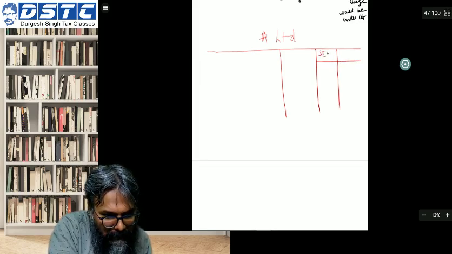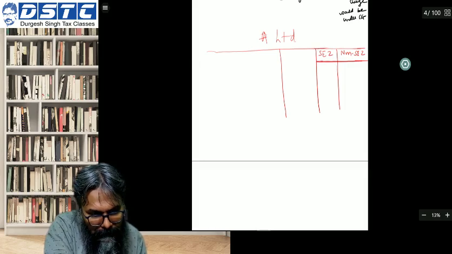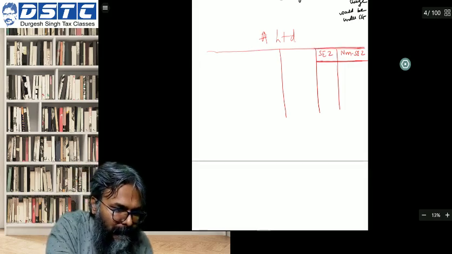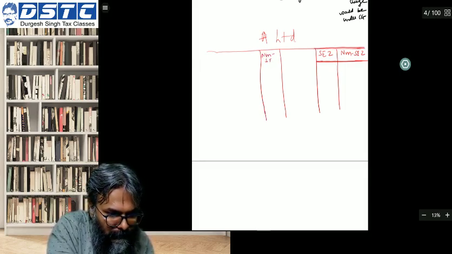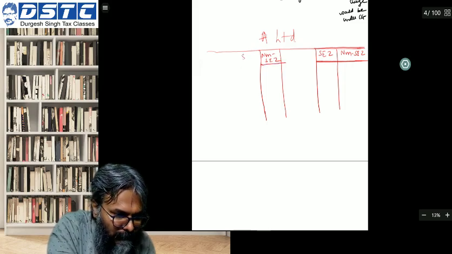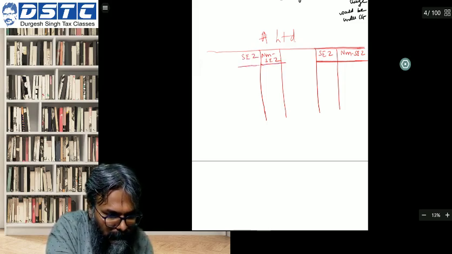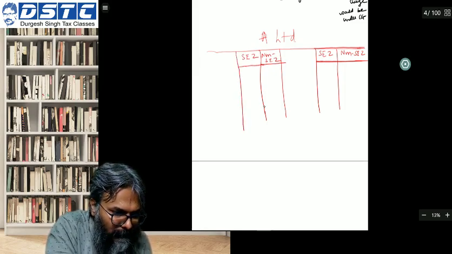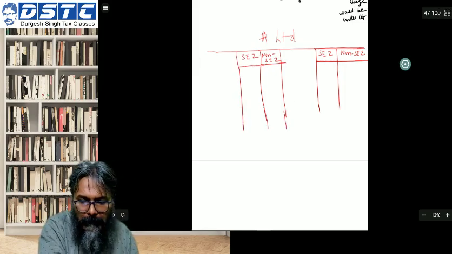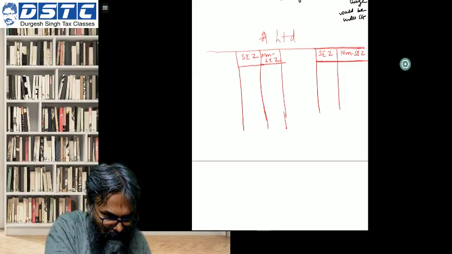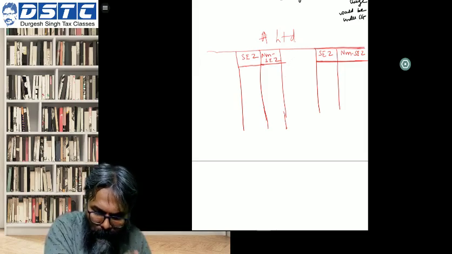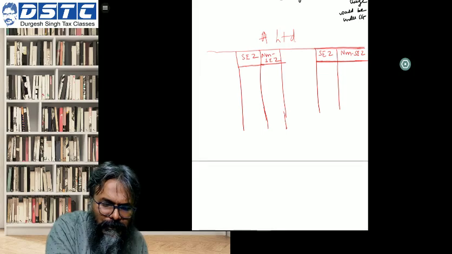One is SEZ and another is non-SEZ. One unit is situated in the SEZ, another unit is situated in the non-SEZ.